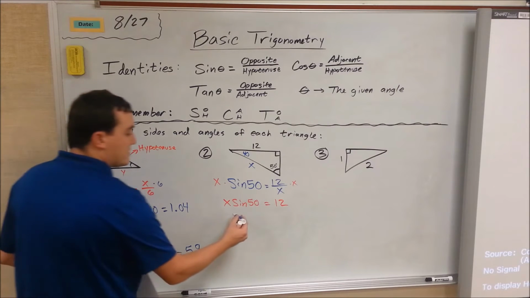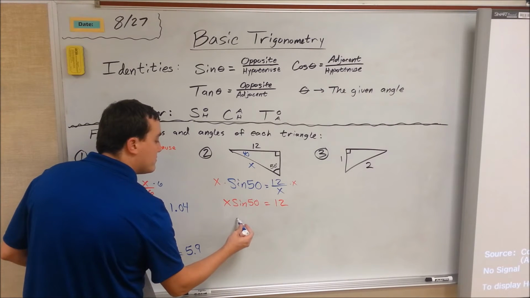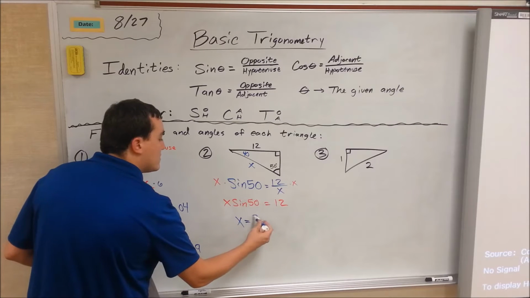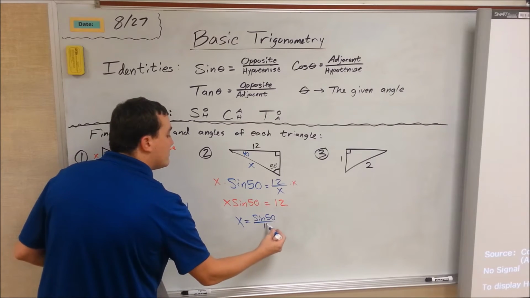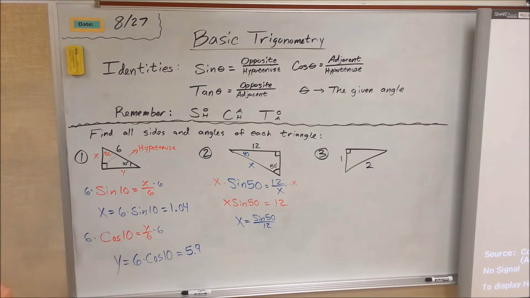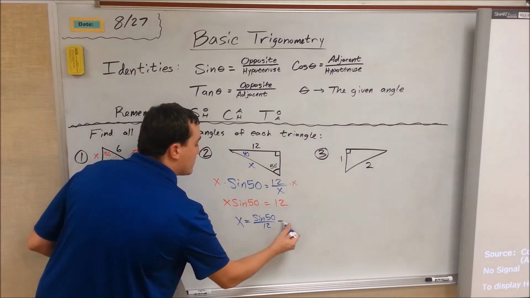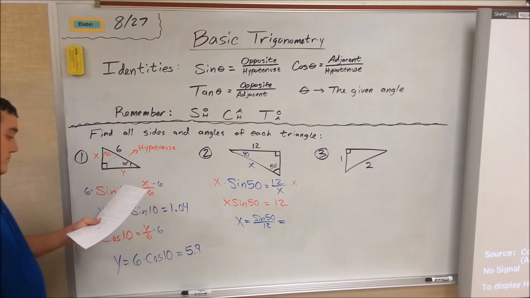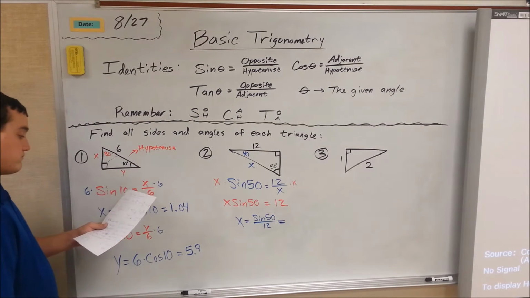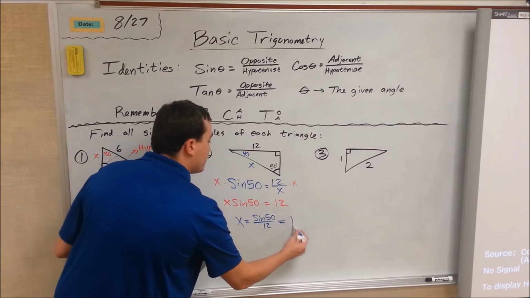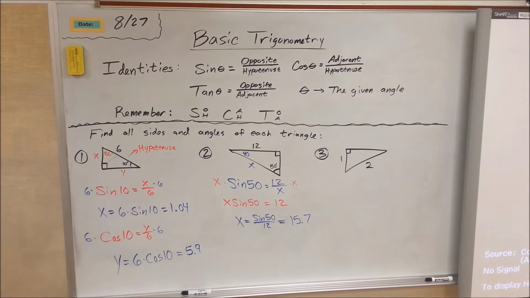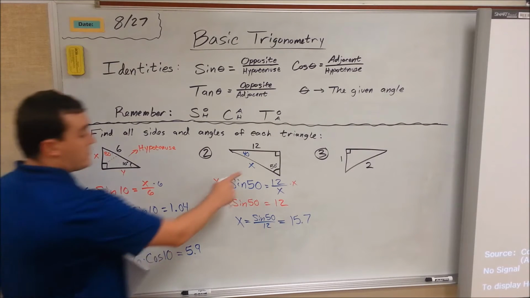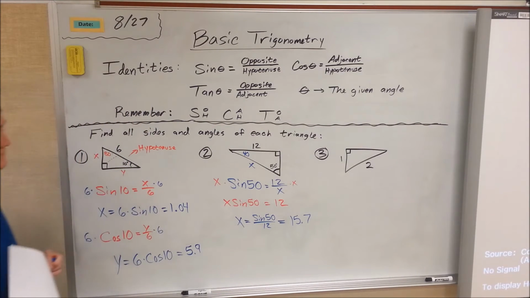So we divide by sine of 50, so x equals 12 over sine of 50, which is equal to 15.7. Alright, so we found our hypotenuse is 15.7, about.